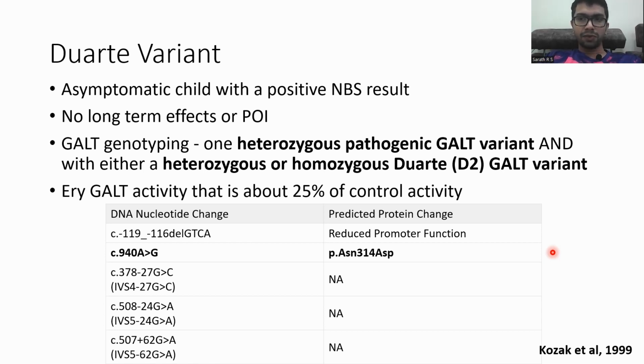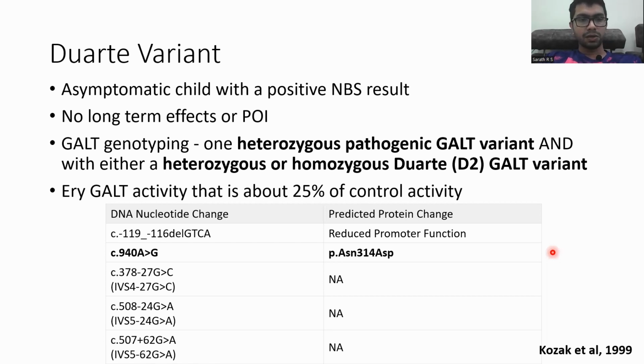So instead of having a severe classical galactosemia, they will be having a clinically irrelevant enzyme deficiency. The child will be asymptomatic. However, newborn screening can be positive. In fact, Duarte variants form the majority of cases of false positive galactosemia screens in the newborn period.